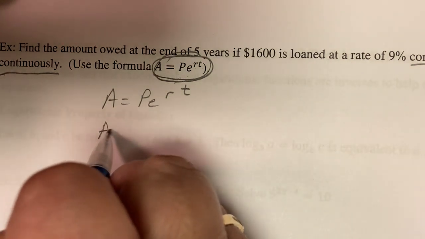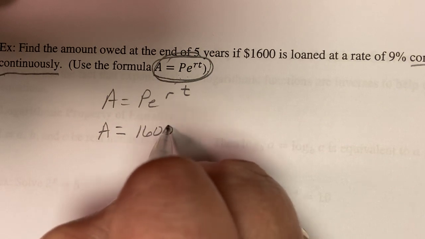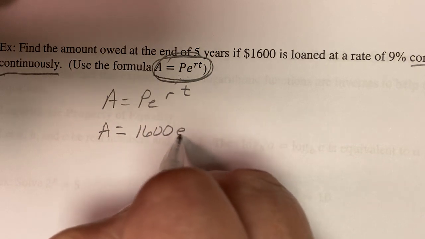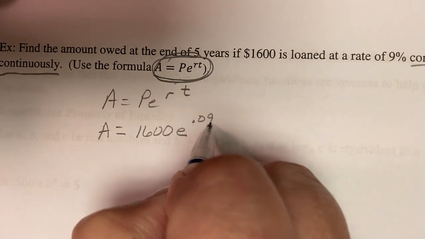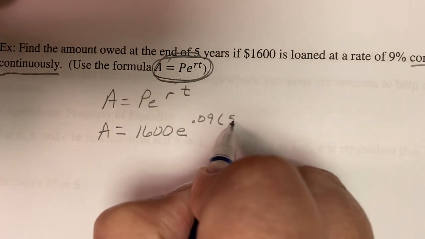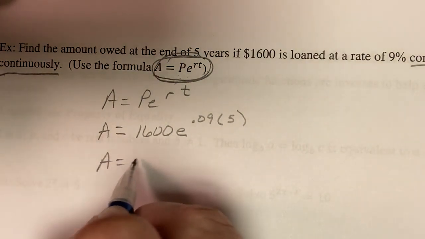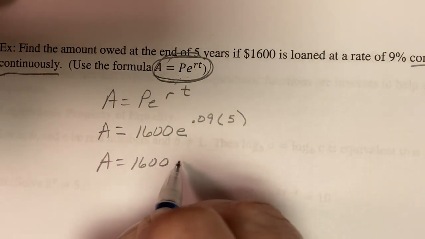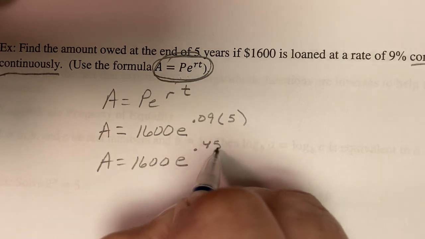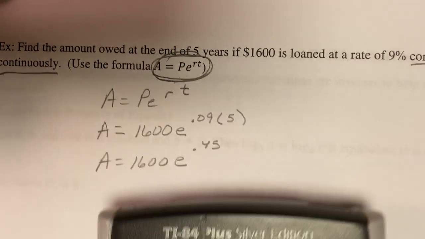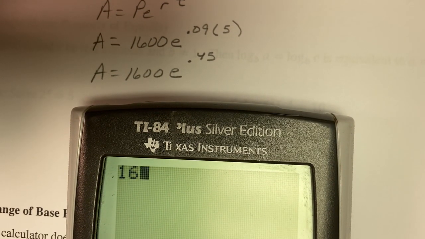So what is the value going to be? $1,600 times e, our rate is 9%, so that's 0.09, times our time, which is 5. So that would be A equals 1,600 e to the 0.45. You can pop that into your calculator. So it would be 1,600.